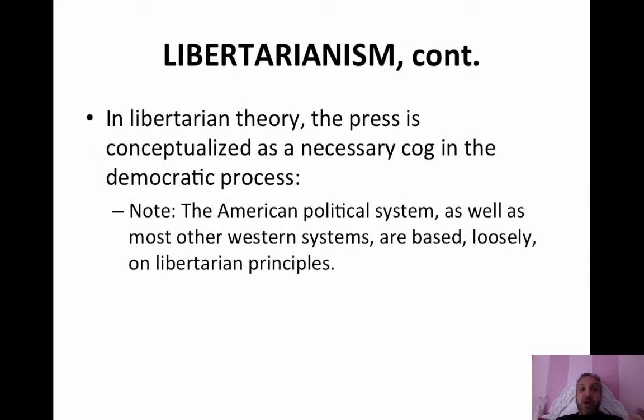You might have guessed our system here in the United States is based on libertarian theory and libertarian ideals. We have for the most part a democratic system, and we have for the most part a free press. So our system here and most Western systems are based, at least loosely, on these libertarian principles.